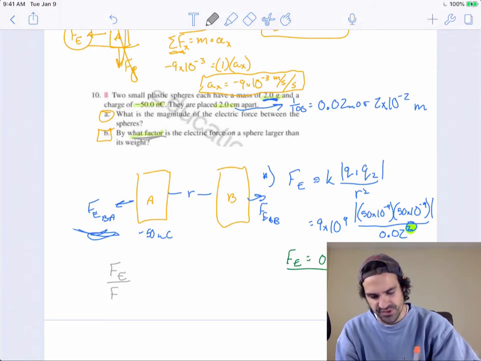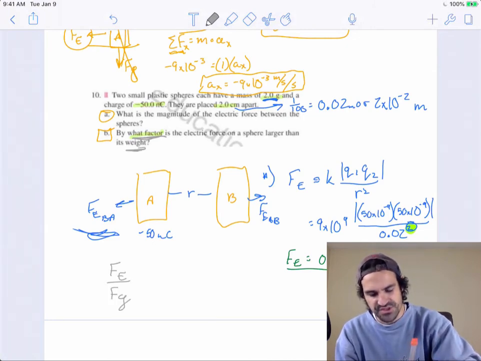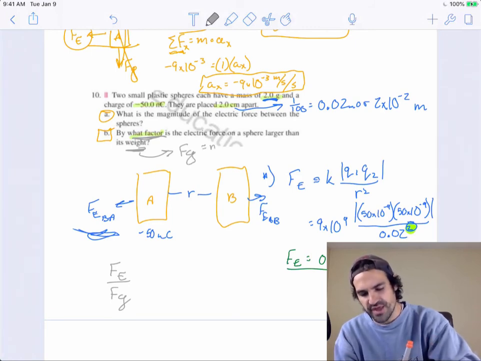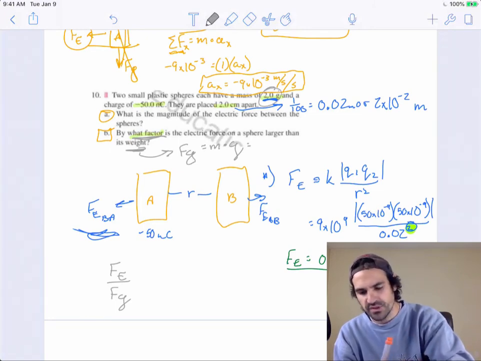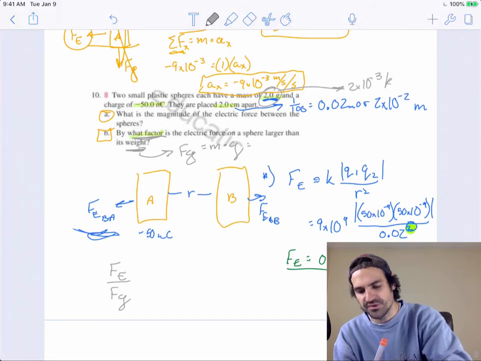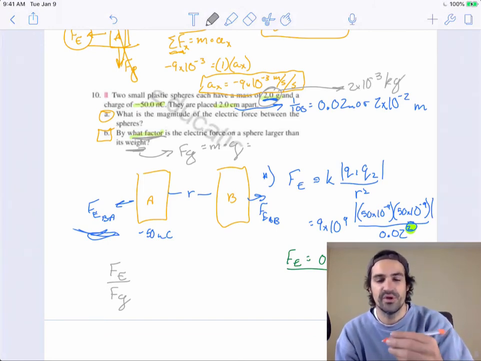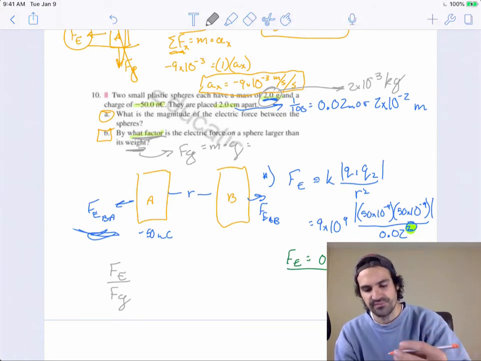And for this, the trick is knowing that weight is just a synonym for the force of gravity. And your equation for that is mass times gravity. Well, we know the mass is 2 grams, which is the same as 2 times 10 to the negative 3rd kilograms, because keep in mind, we discussed before, everything has to be in kilograms.